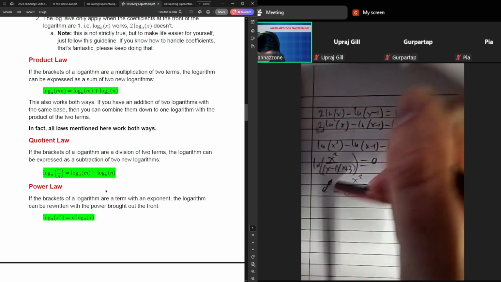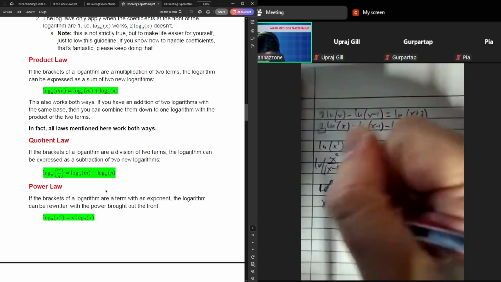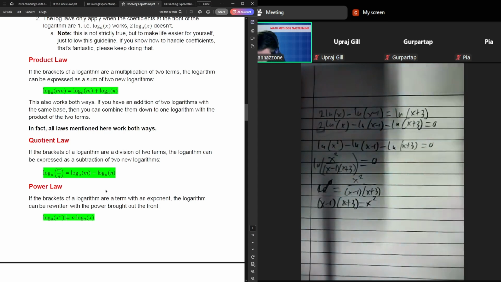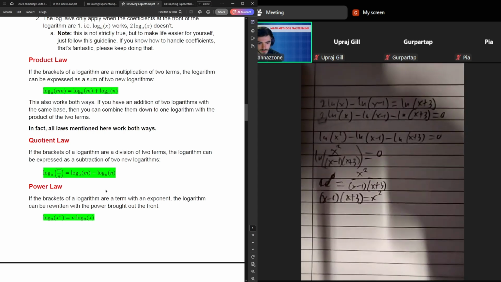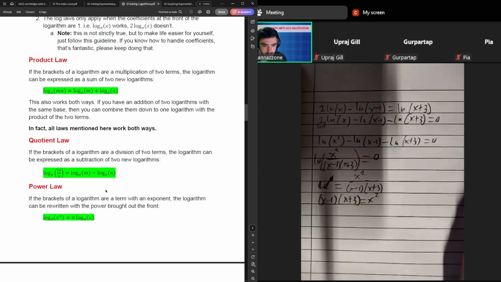E to the 0 is just 1, and now you're just solving a quadratic. X minus 1, x plus 3 equals x squared. This is just a quadratic at that point. If anyone wants to stay behind to watch me finish that quadratic, feel free. Otherwise, this logarithm is basically solved.